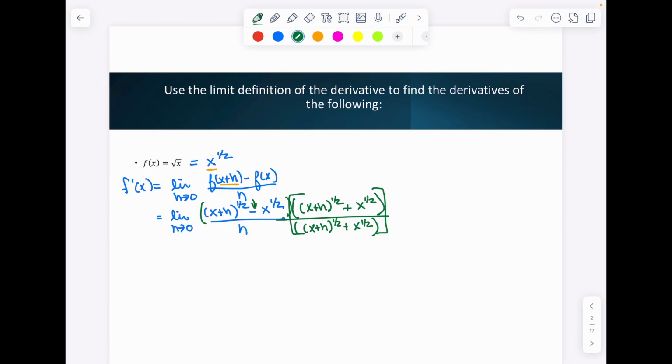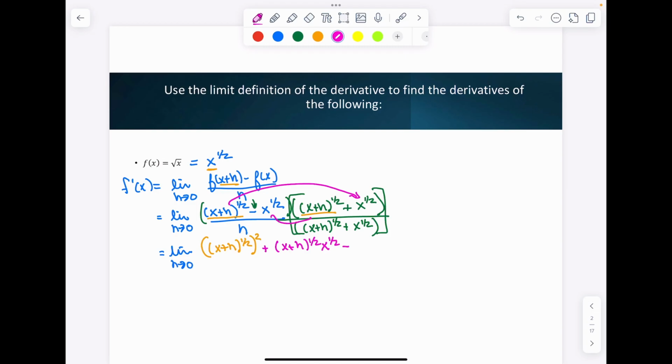Now I want to multiply that numerator through and see what it looks like. I want to combine like terms and simplify it. x plus h to the 1/2 times itself, I have x plus h quantity to the 1/2. When I multiply something by itself, in other words I'm squaring it. Now I'm going to keep going. I'm going to take x plus h to the 1/2 times x to the 1/2.